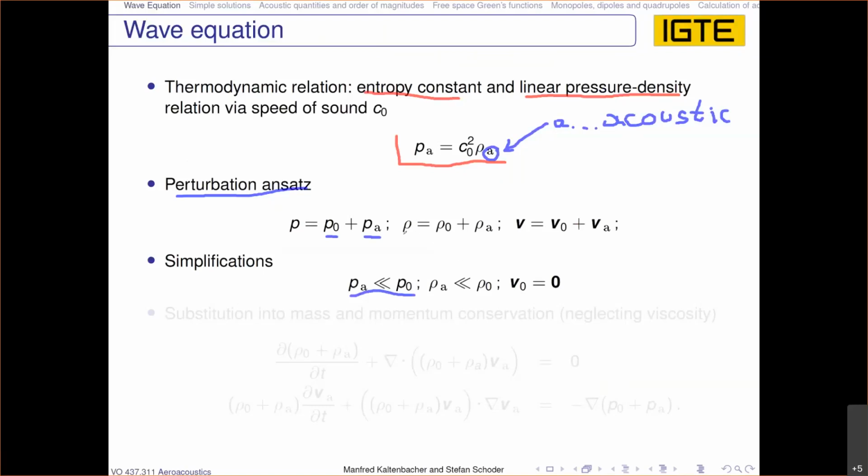The same holds true for the ambient density and the acoustic density. So also this relation holds. And the decomposition of the compressible flow into some ambient flow and some acoustic particle velocity, as you know, we call this the acoustic particle velocity. Again, you have here this A, so it is the part of the compressible flow associated with acoustics.